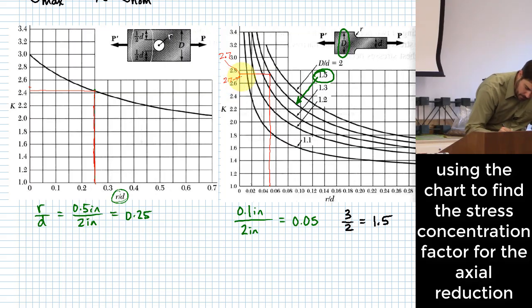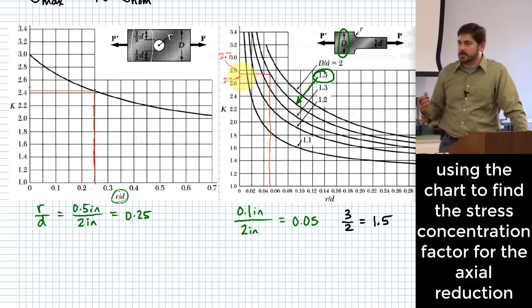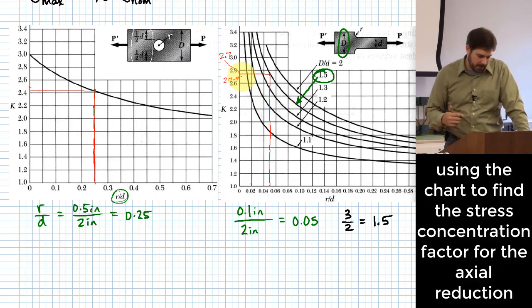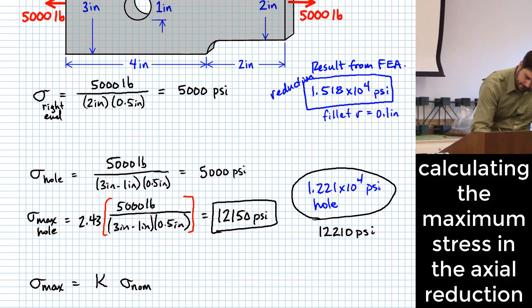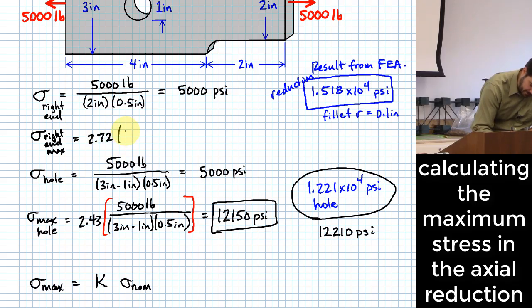And so this point that I'm picking off now is what, you think? Okay, 2.72 or something like that maybe. So 2.72 will be that K, 2.72 times 5,000 psi.